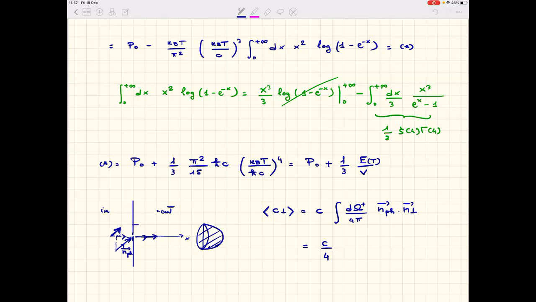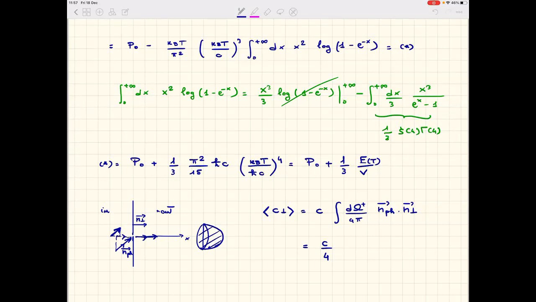N perpendicular is the versor that is perpendicular to the direction of the surface. This will result in a cosine, right? And then you will integrate over the solid angle. Yes.